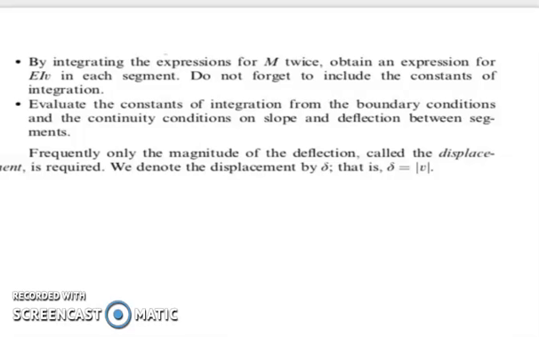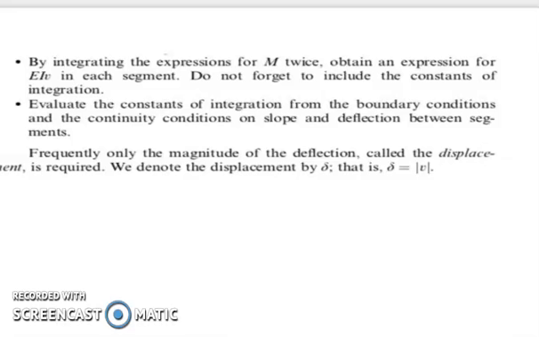So after you have identified the expression for M, or after we have integrated M twice and have our C sub 1 and C sub 2, we have to evaluate the constants of integration, which means that we have to find the values of C sub 1 and C sub 2 based on the boundary conditions and the continuity conditions on the slope and deflection between segments.